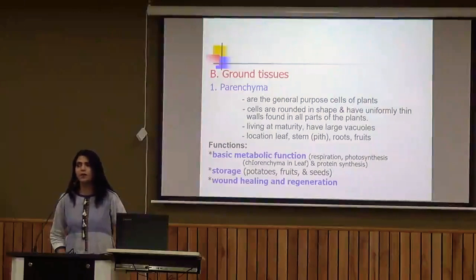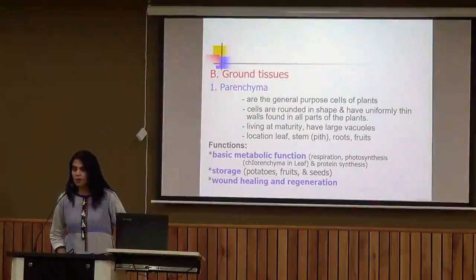Now, the parenchyma, this particular tissue, is located throughout the plant body. The basic function of parenchyma is storage of food, photosynthesis, etc. The cells are relatively unspecialized and the cell wall is thin. That is the basic structure of parenchyma.